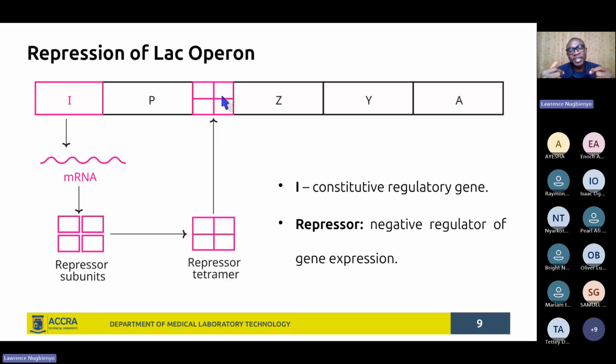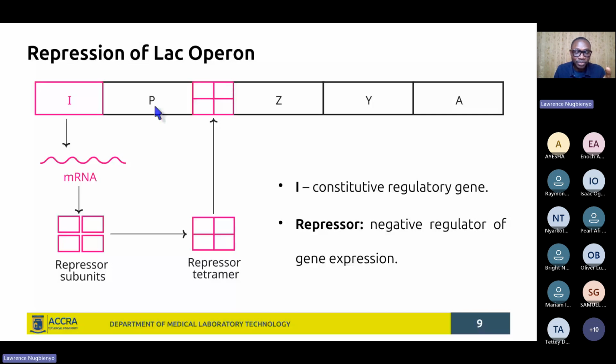What it means is that the gene itself has an element of regulation of itself, because it is within the gene that you have the inhibitor region that is getting transcribed into a messenger RNA and producing a protein, which is a repressor that comes to bind onto the operator region to inhibit the gene.